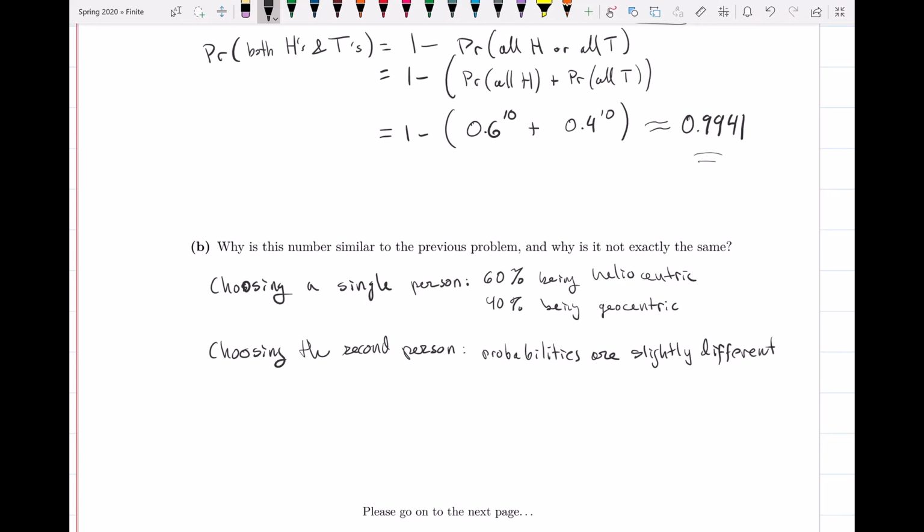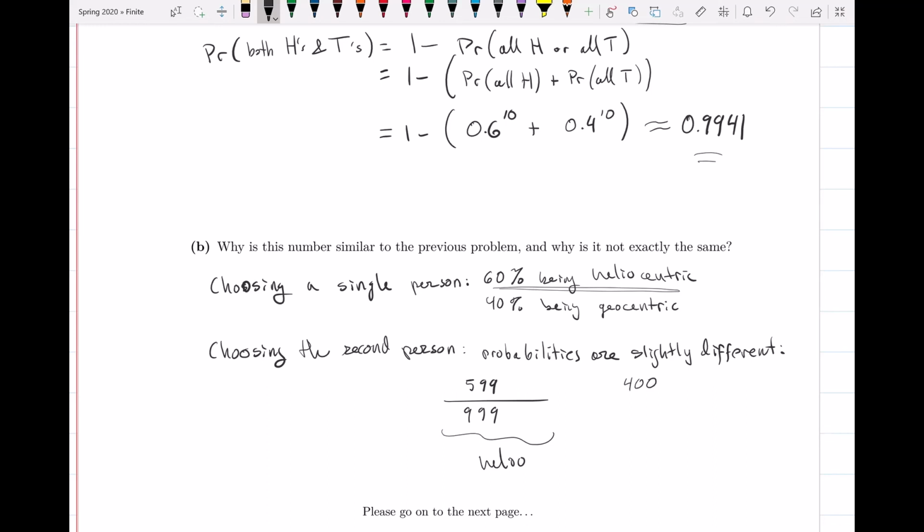Well, if we chose a heliocentric person the first time, then there's only 599 heliocentric people to 400 geocentric people. So we'd have 599 divided by 999 as the probability of being heliocentric.